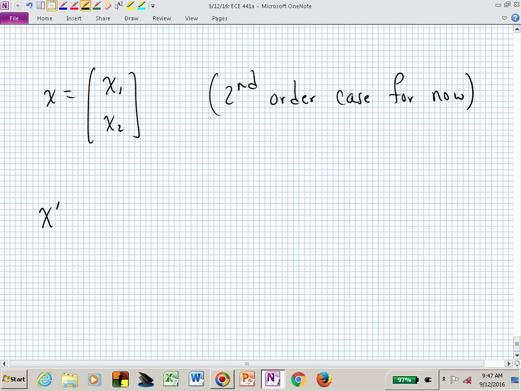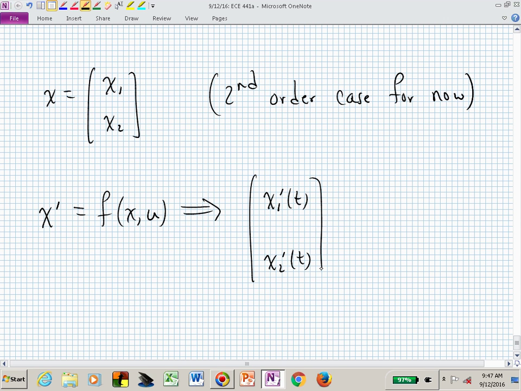That means if I look at x prime equal to f of x, u, what does that look like in a 2-dimensional or 2nd order case? I now have an x1 prime and an x2 prime on the left, and what do I have on the right? I have an f, but now it's a function of x1, x2, and let's just say that we have a scalar or single input, u.